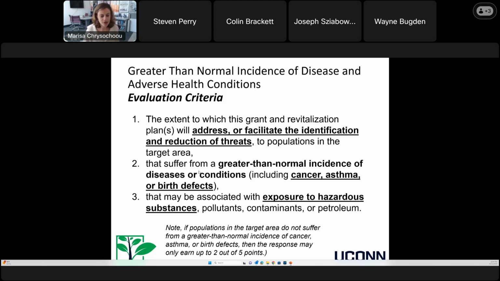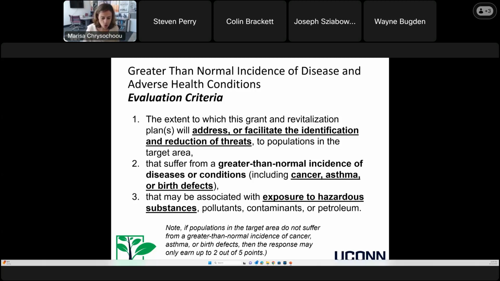The second criterion is that you need to be addressing how your populations suffer a greater than normal incidence of diseases or conditions, including cancer, asthma, or birth defects. And we will focus mostly on this second part here.